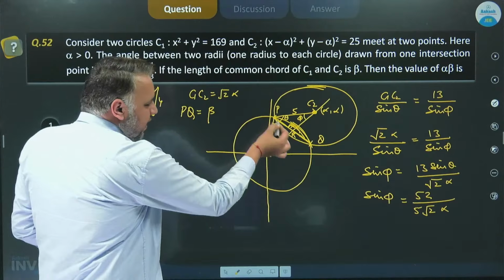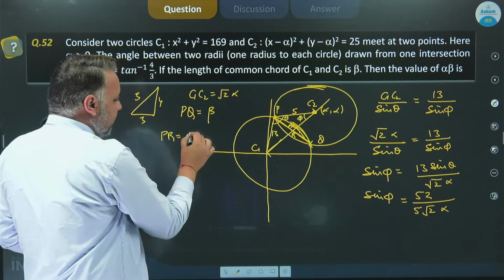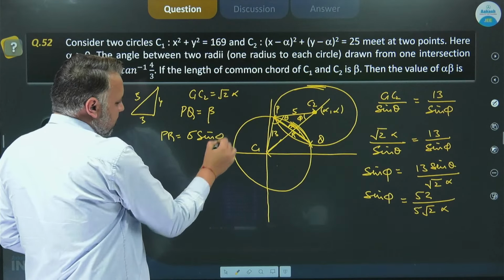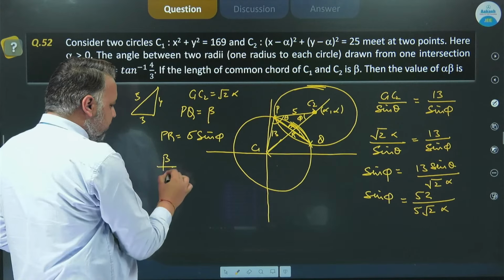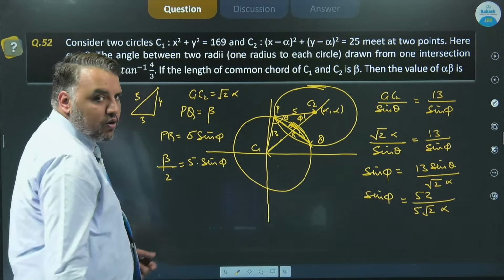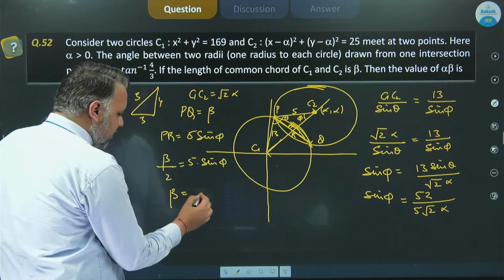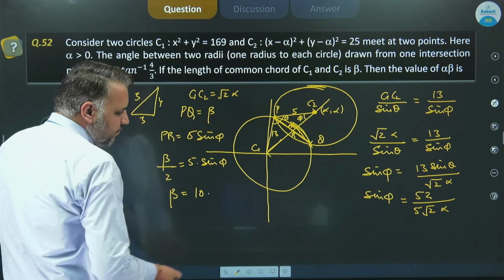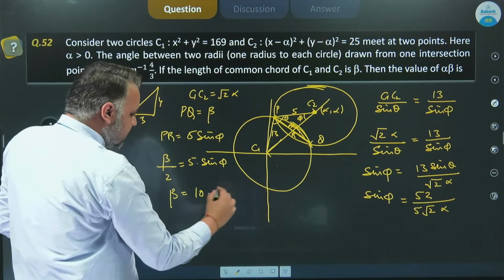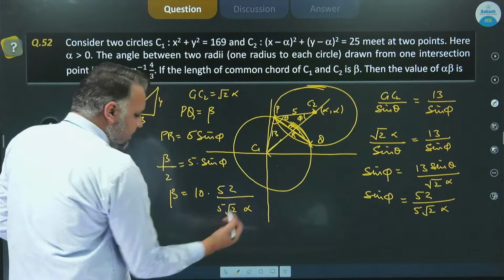this length PR is nothing but 5 sin phi, or you can say beta by 2 is 5 times sin phi. Now replacing the value of sin phi from there, we get beta equal to 10 times sin phi, that is 52 divided by 5 root 2 times alpha.